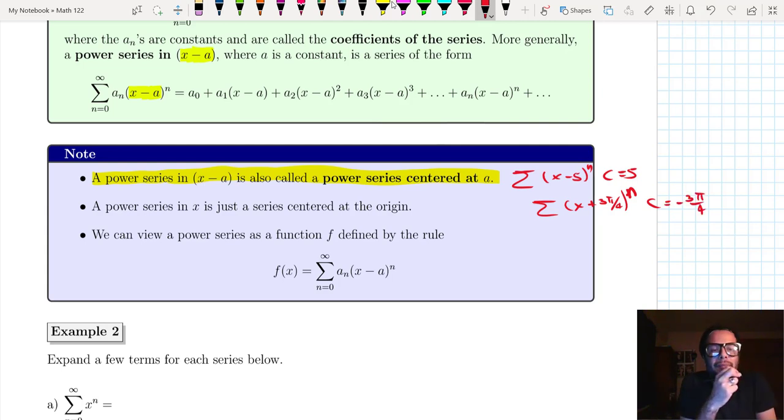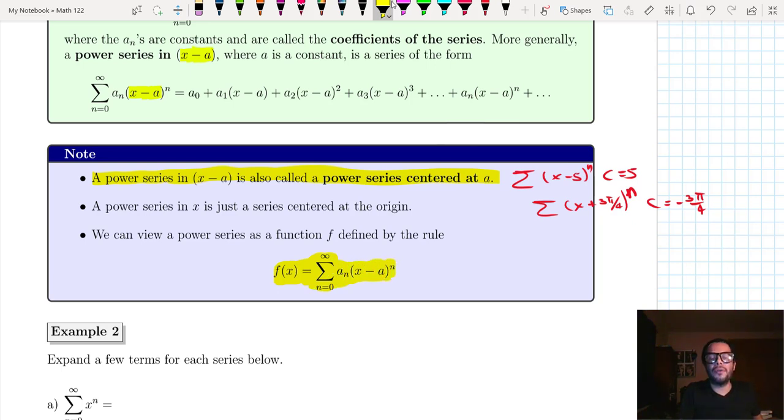So in general, what do we do with power series? Power series are special ways to represent functions, like the function e to the x, sine, cosine, 1 over 1 minus x, natural log of x. So there are ways to represent those functions in terms of series, and more in general, they are going to have this look, more or less.